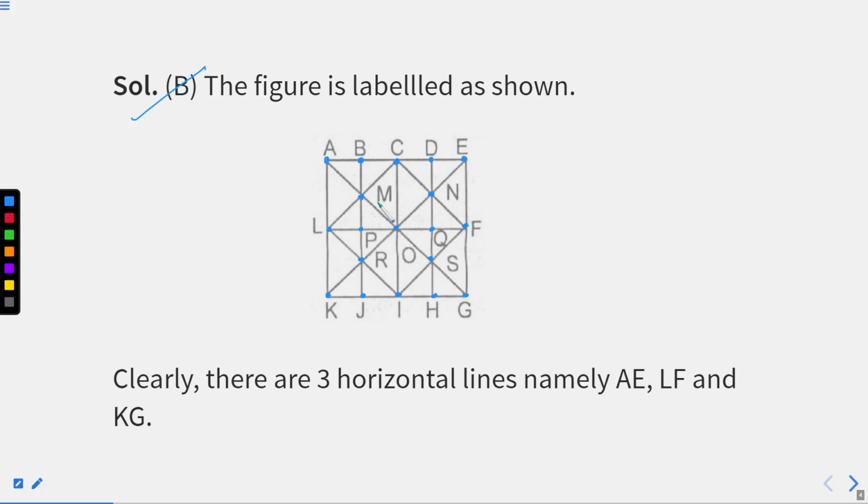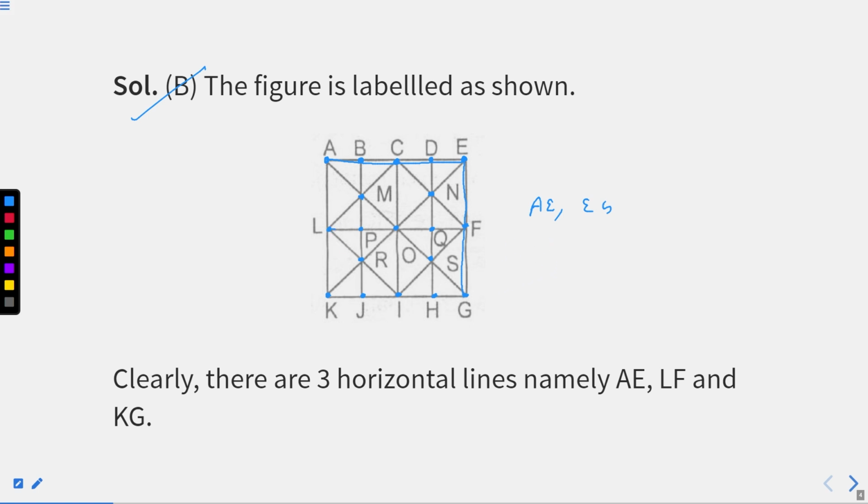Now how can you calculate a line name? AE is a line, right? This complete line, right? EG is a line, this complete line. So as soon as you start marking it, you can easily calculate the number of lines, right?